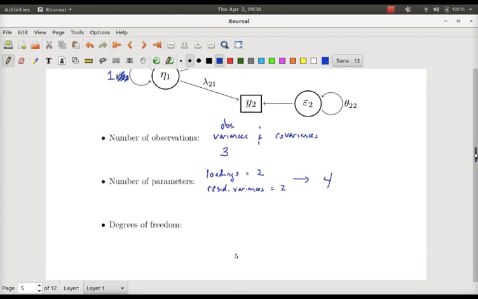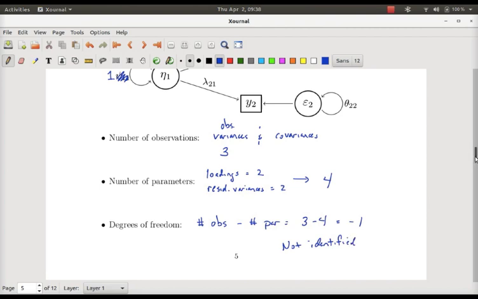Okay, so you can already start to see the same thing is going to happen here. The degrees of freedom is the number of observations minus the number of parameters, which is 3 minus 4, which again is negative 1. This model is not identified. Oh my goodness, what is going on here?